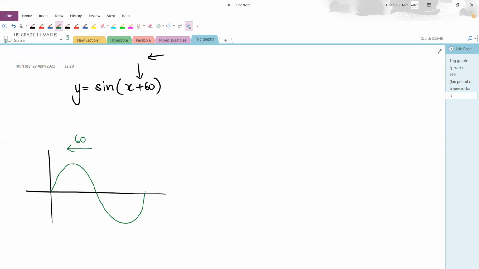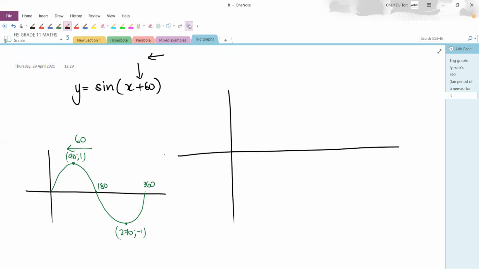Okay, let's just use this normal sin graph. There's 90 and 1. We add 180 there. We have 270 and minus 1. Okay, let's say we're going to draw the graph where x is an element of negative 90 to 360.